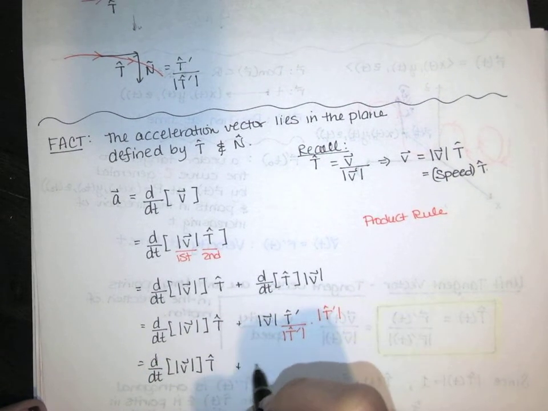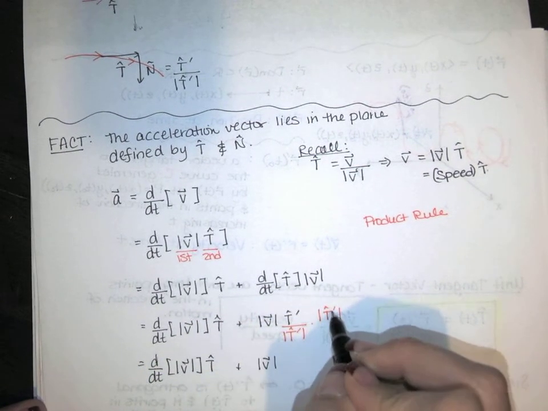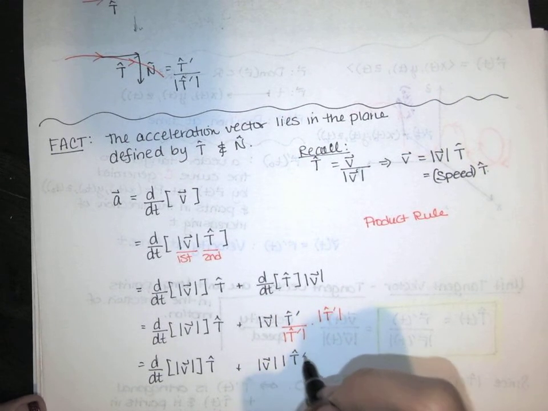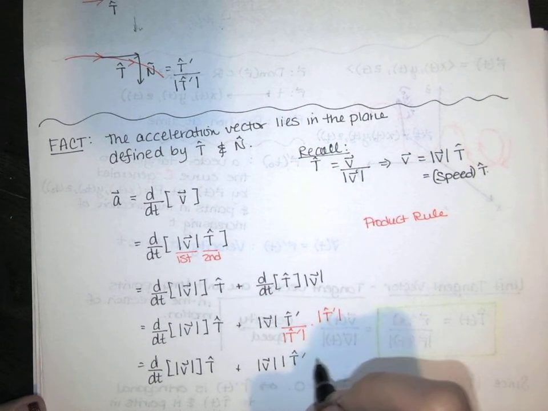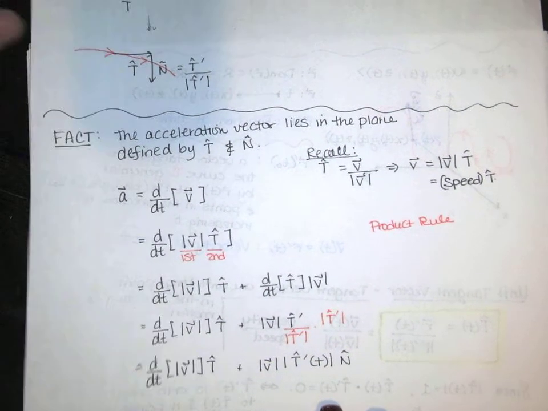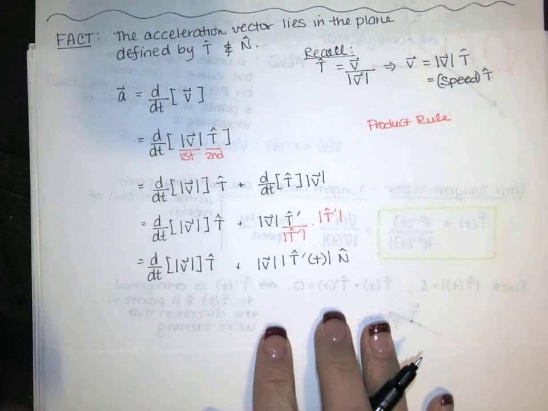That's my unit normal. And this is the derivative of t hat with respect to t, and we're finding its magnitude. And that's just a number.